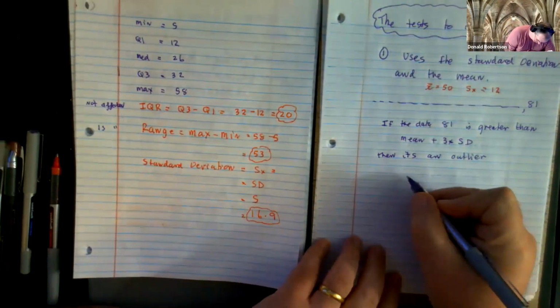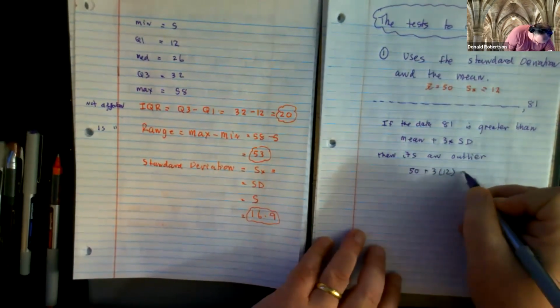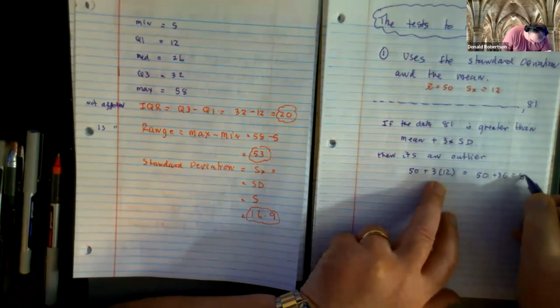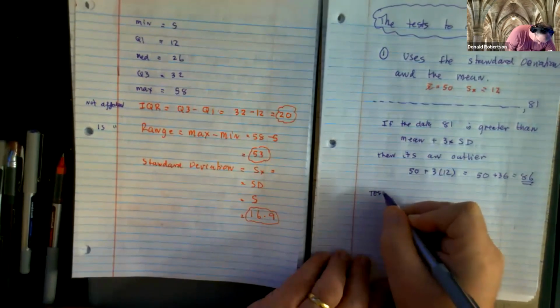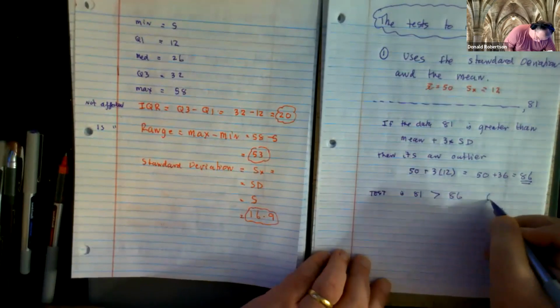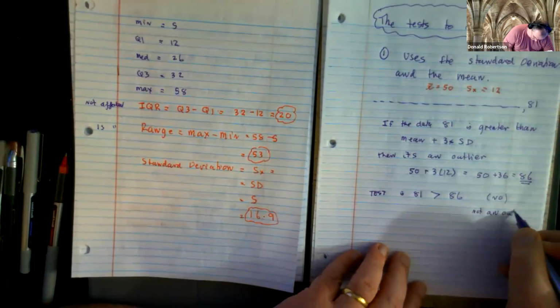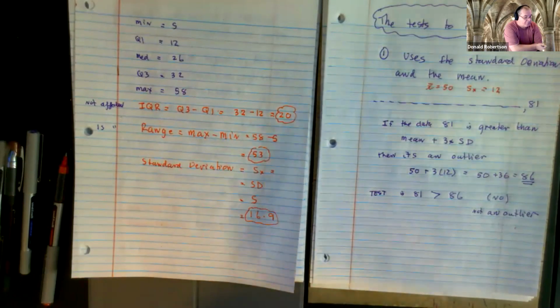Then what I would do is find the mean and add 3 standard deviations to it, and I would get 50 plus 36, which is 86. And then I would do my test. Is 81 bigger than that guy? No. So he's not an outlier. You see how it works? You find the mean plus 3 standard deviations. You've got to be bigger than that number to be an outlier.